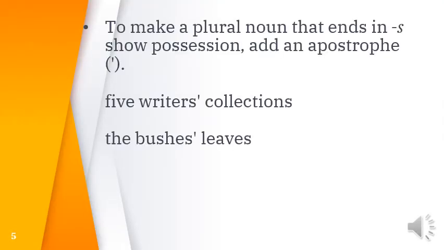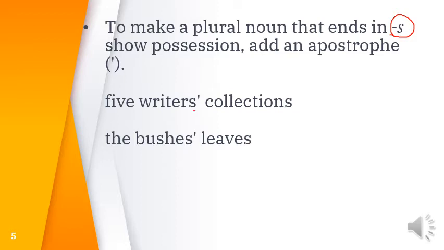Now how to form the plural possessive noun. To make a plural noun that ends in S show possession, add an apostrophe only. Now I have a plural S at the end. So here are the examples: writers' collections.